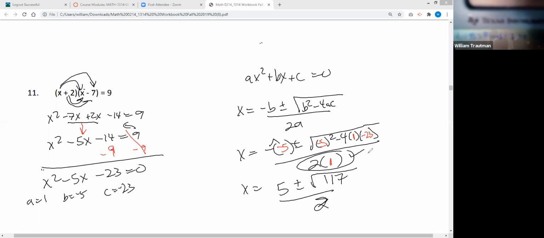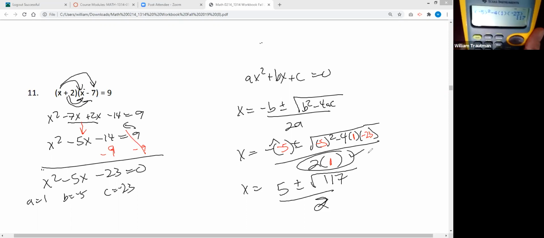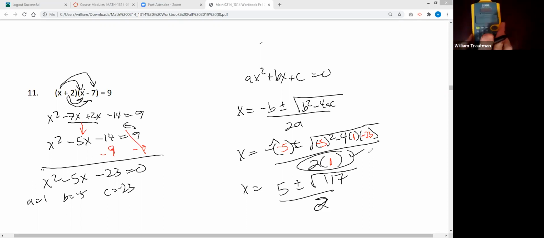Parentheses, -5, parentheses, squared, -4, parentheses, 1, parentheses, -23, close parentheses, hit enter, and it has to look exactly as I show it on the inside, and you should get 117.